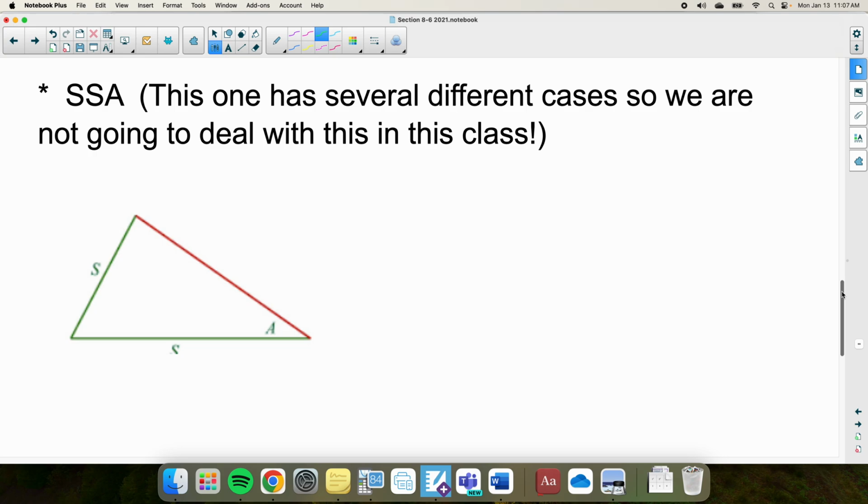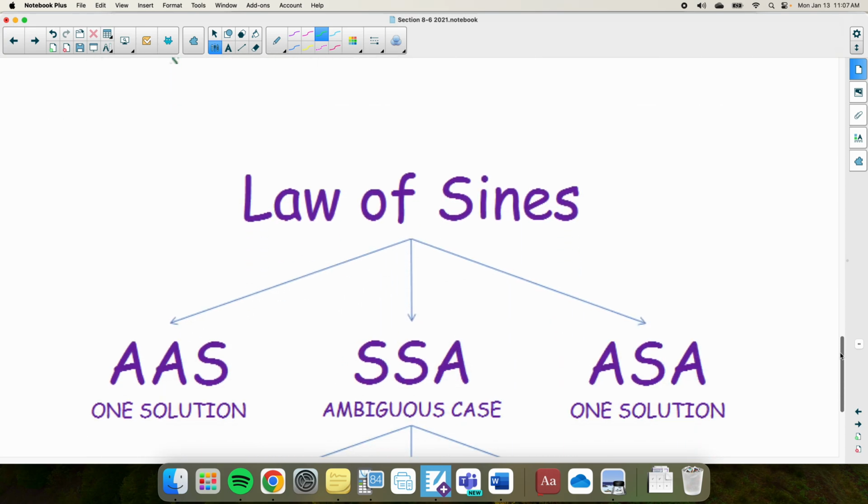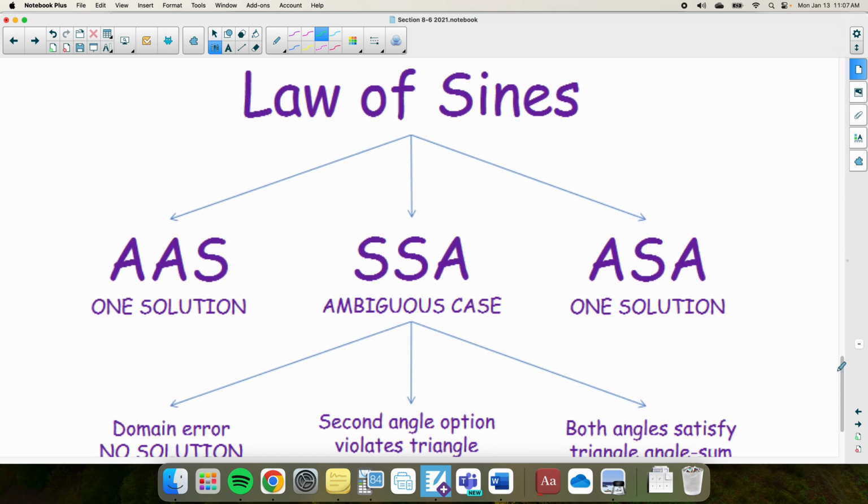And so what we do is we don't go over that in this class. You guys will do that when you take college trig. You'll do the angle side side triangles, okay? The reason that we don't do them here is that when you have, of course they don't call it angle side, they call it side angle.